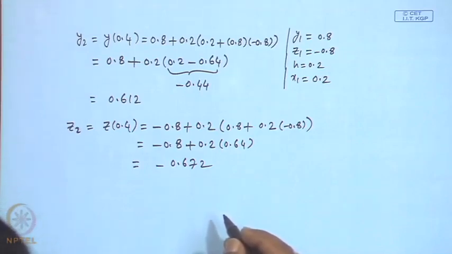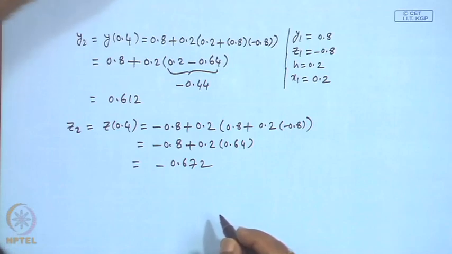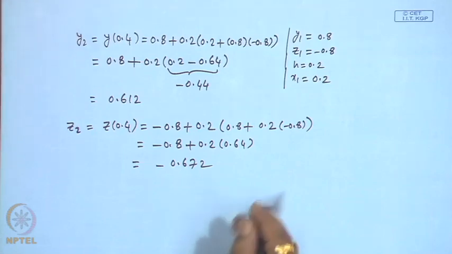So, this is the Euler method. One can also try an RK method. So, let us try to use maybe Heun's method, or maybe RK fourth order we can try.